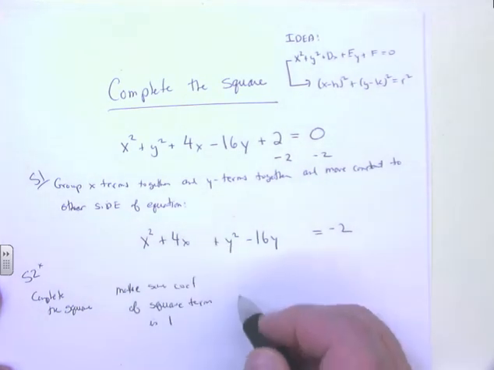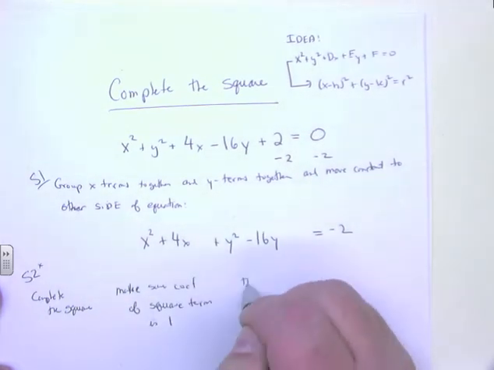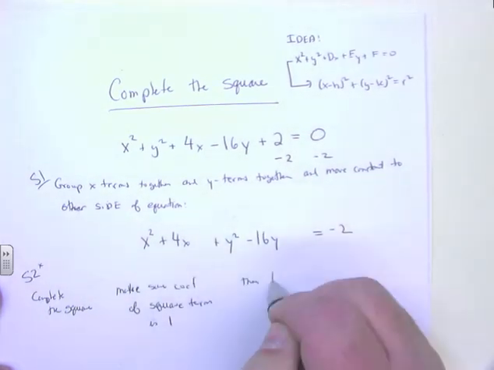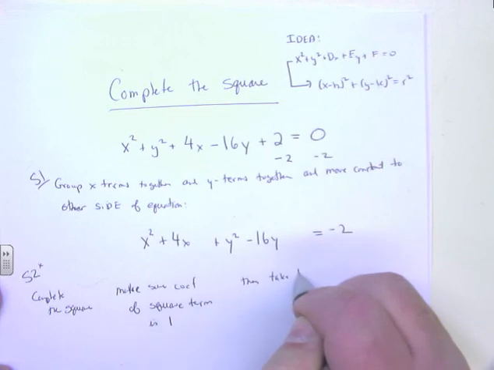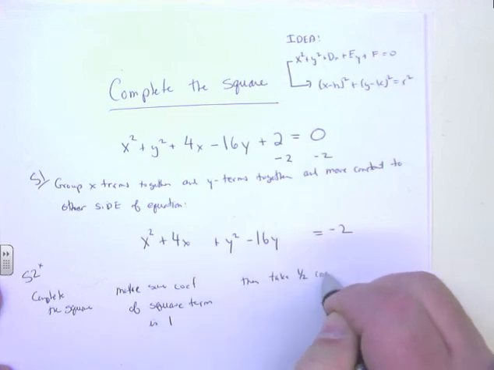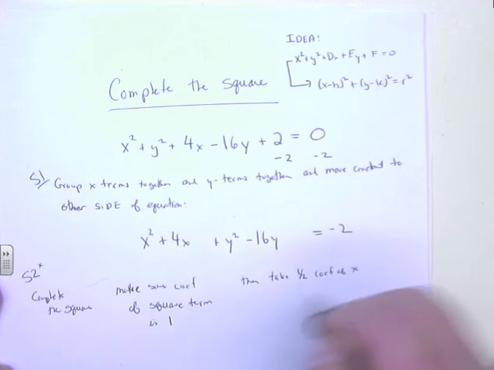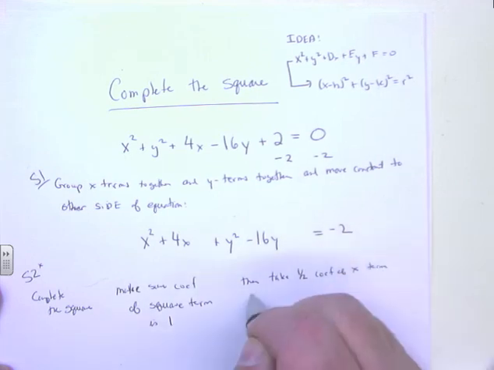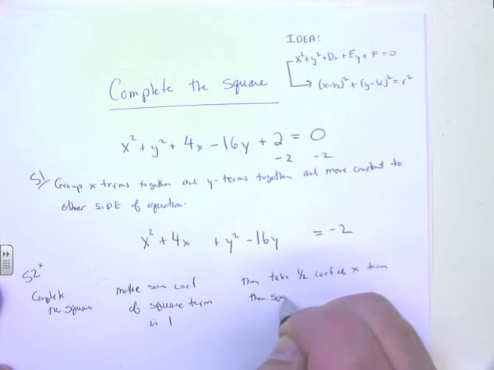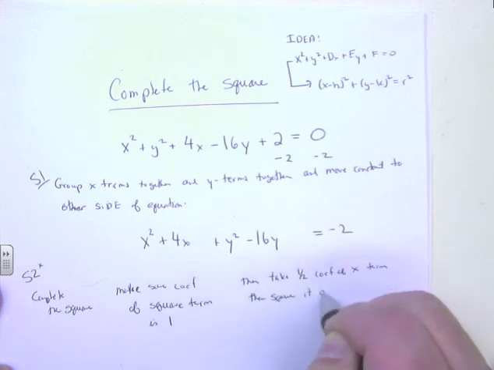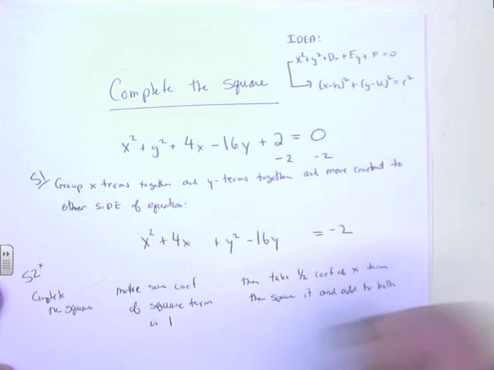And then what you do is this. Take 1/2 the coefficient of the x term, square it, and add it to both sides.